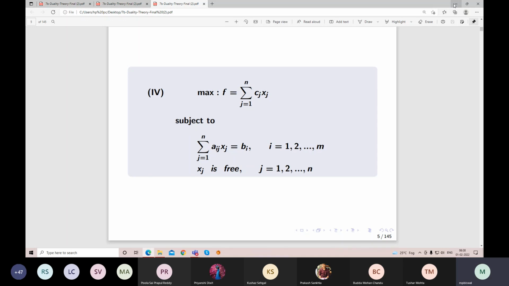I was telling also about the interior point method, so you can use Narendra Karmarkar's algorithm for linear programming. This is not in the syllabus, it is in the optimization techniques in the new syllabus.